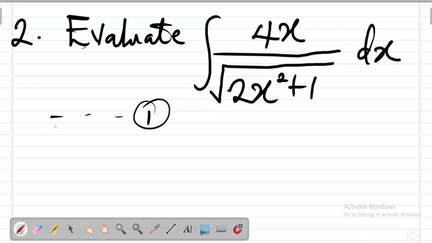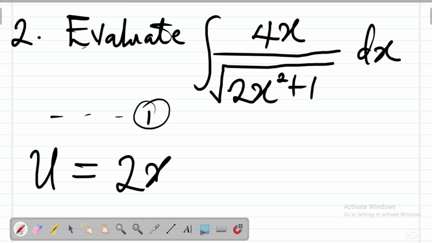Our first task is to identify our u. As earlier said, u is always the complex term. So our u here is 2x raised to the power 2 plus 1.